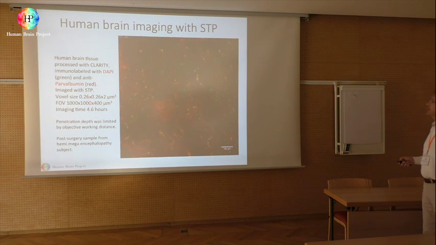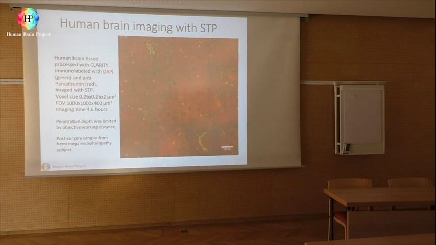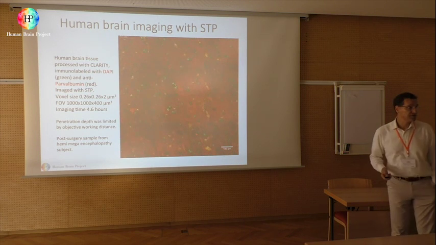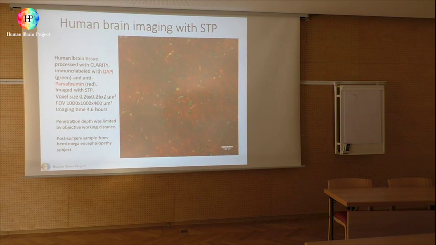And here we have a two-color labeling. This is Clarity on human brain with TDE, and we have DAPI in green, and parvalbumin in red on processes here. And here on human brain, this is an example of two colors.